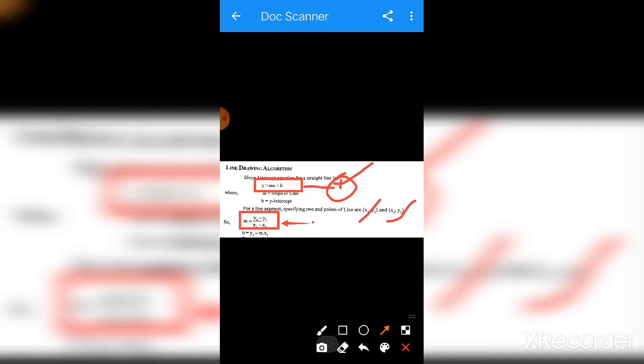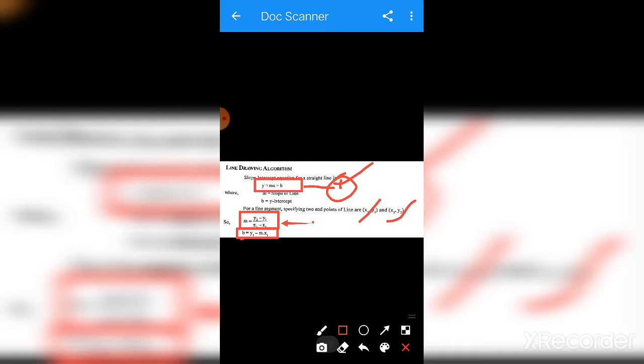Then the third equation is b equals y minus mx. If y equals mx plus b, then b equals y minus mx. Here y means the y1 value we can take, m is the slope, and x is the x1 value. This is the third equation.